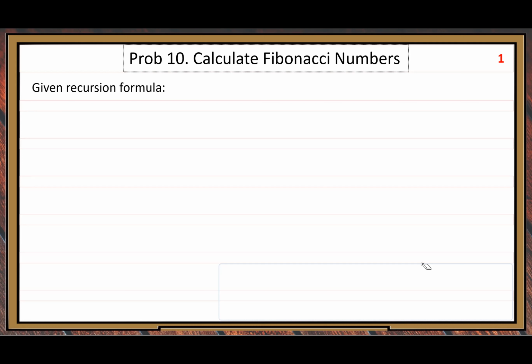Here, I just recall the given recursion formula. The recursion formula is very simple. There are two base cases, F0 equals 0, F1 equals 1. The recursion formula is Fn equals Fn minus 1 plus Fn minus 2. That simple recursion formula, but the numbers generated, we call Fibonacci numbers, have so many interesting properties.